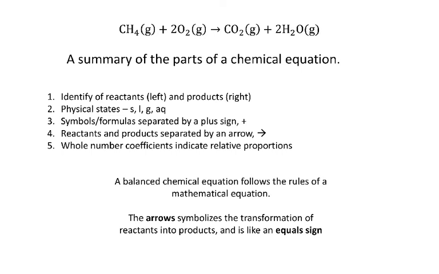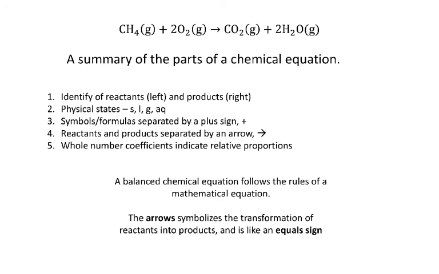Sometimes, but not always, it will have the physical states, so like solid, liquid, or gas, or aqueous, AQ. And aqueous means it's dissolved in water. So a lot of chemistry happens in a water solution. So aqueous is a fairly common physical state.